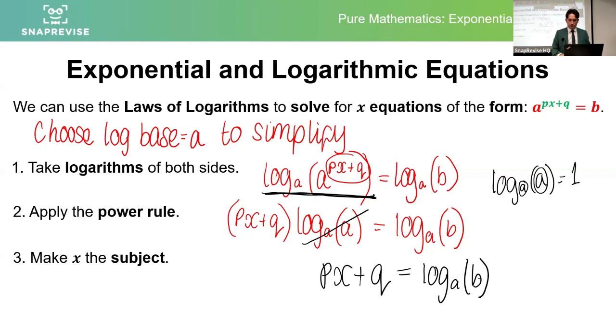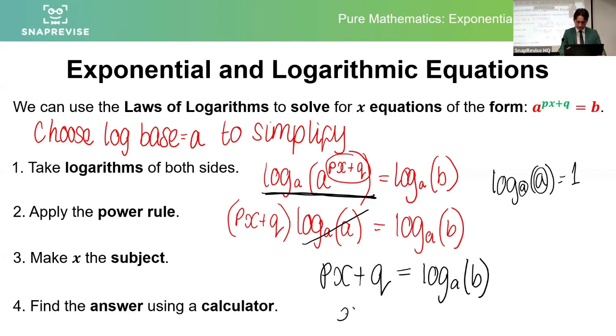So although this might not be nice, this will just be a number when you sub a and b in, or you rearrange, if we were doing it numerically, and then you get the final answer. So basically make x the subject. So x equals log a of b minus q, over p. Now we did this algebraically, but if you had numbers to sub in, you would find the answer using your calculator. So that's just the general setup of how you'd approach this question.